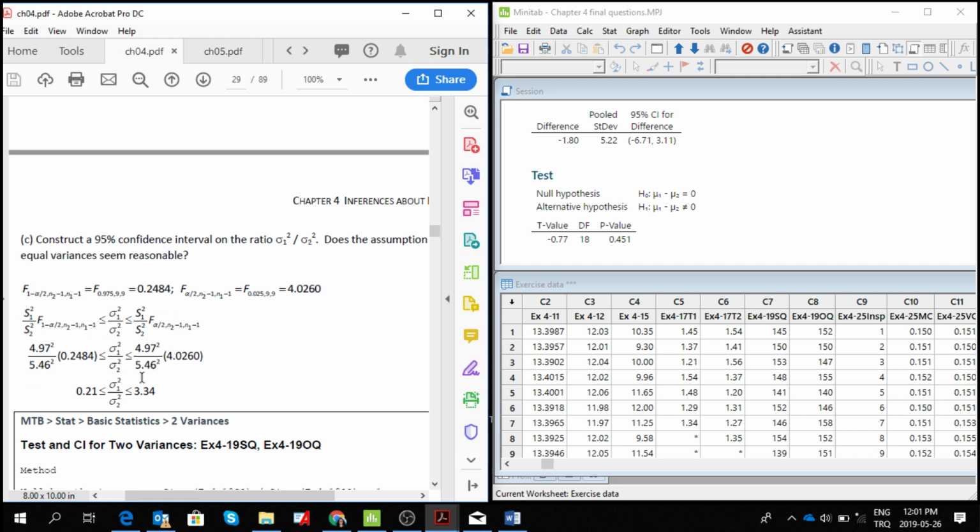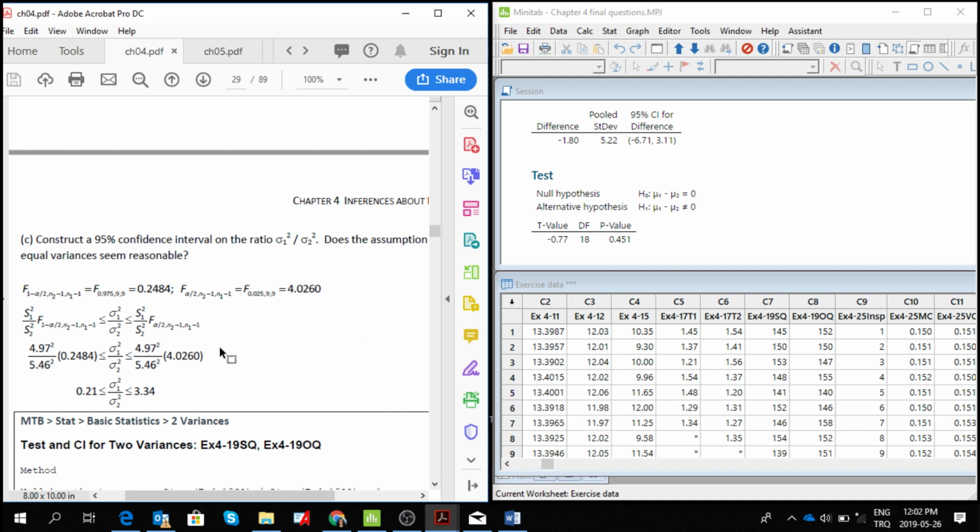So we first construct a confidence interval of the ratio, and we get these two values from the F table. 1 minus alpha over 2, alpha is 0.05, alpha over 2 is 0.025, 1 minus that is 0.975, and we have degrees of freedom 9 and 9 for each, and the table gives us these two values.